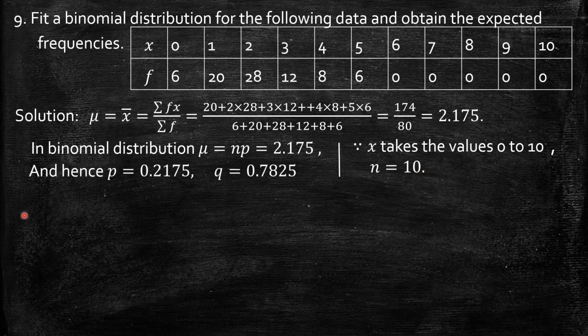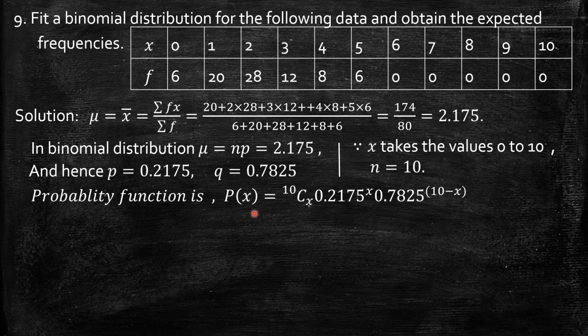So we can get P, that is 2.175 divided by 10, 0.2175. Once I get P, Q is the complement of P, that is 1 minus P, which is 0.7825. With this we have the probability function, P of x equal to ncx p power x q power n minus x. Substitute, that gives 10cx 0.2175 power x 0.7825 power 10 minus x.